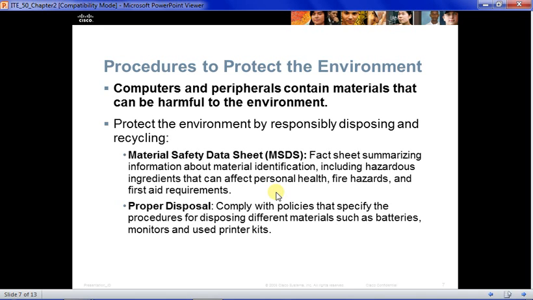You should not just be putting these out on the curb to have the trash person pick them up. So there are certain procedures to be followed. Many manufacturers of monitors and even printer cartridges will have a procedure to recycle these, and usually at no cost take them back.